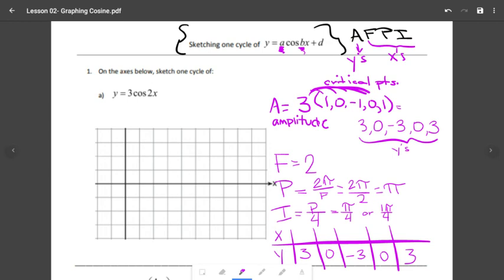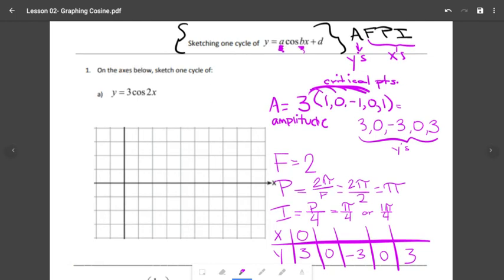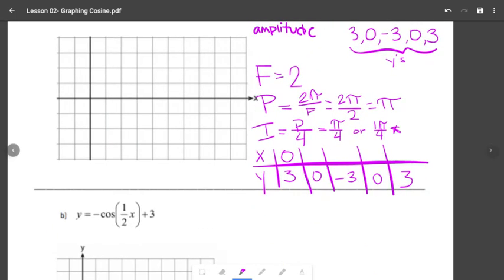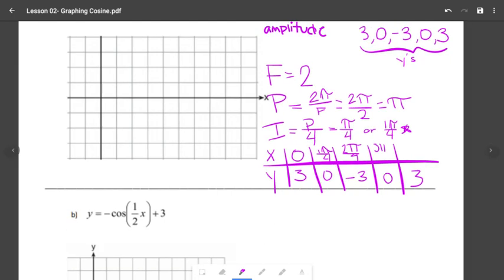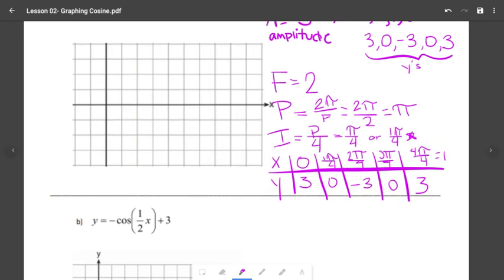Now, we're always going to start on the y-axis. So the first x we're going to use is always going to be 0. And then that I is what we count by. So remember, the next one would then be the 1 pi over 4, plus another 1 pi over 4 is 2 pi over 4, plus another 1 pi over 4 is 3 pi over 4, plus another 1 pi over 4 is 4 pi over 4, and if you simplified, it should equal your period.